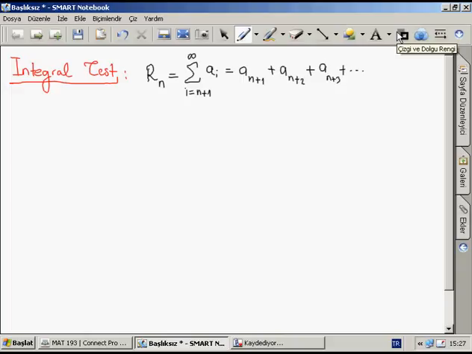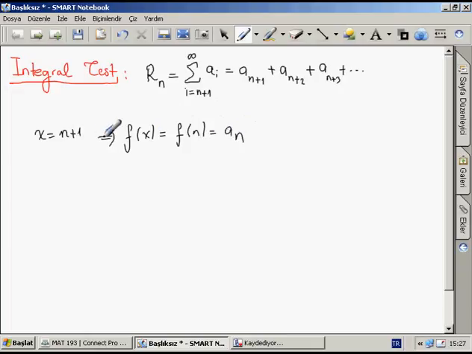Now if we start at x equals n plus 1, take rectangles of width 1 and use the left endpoints as the height of the rectangle, we can estimate the area under f of x, and that means f of x equals f of n, which is a_n.